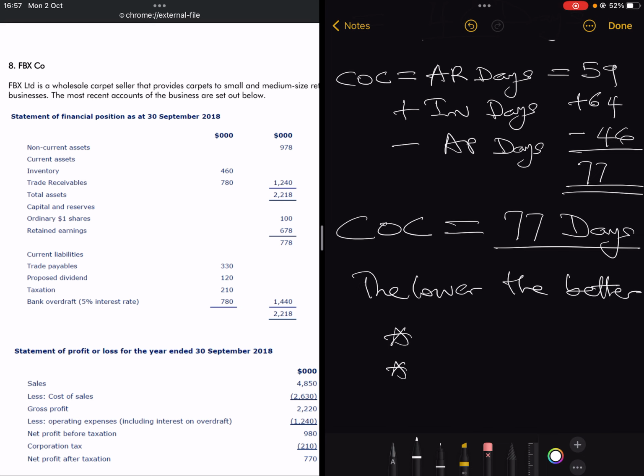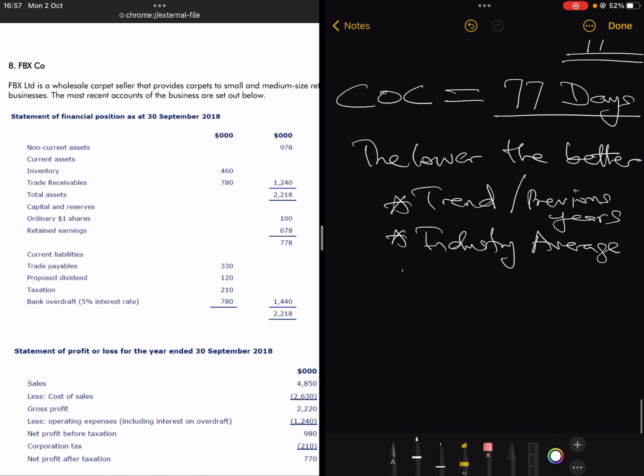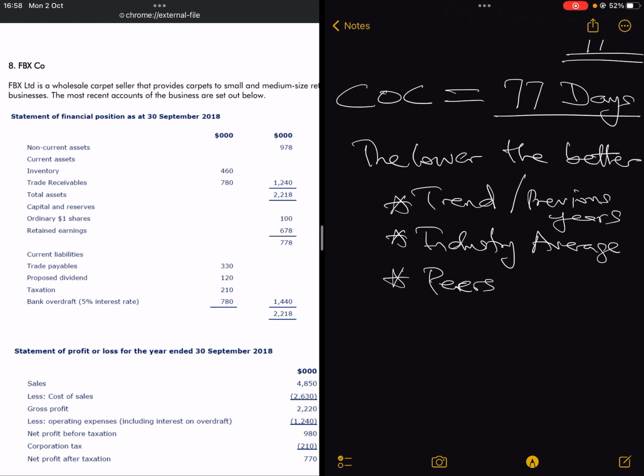So it's either you do a trend comparison, which means you compare with previous years to see whether it's going up or coming down. Or they might give you what we call the industry average. Or they might even give you a peer company data.